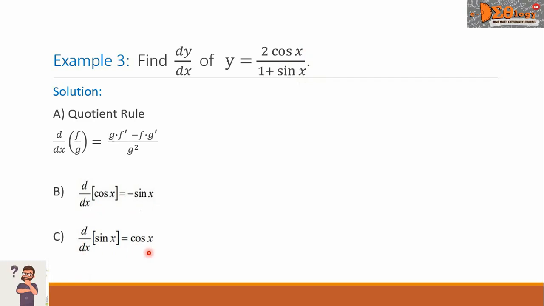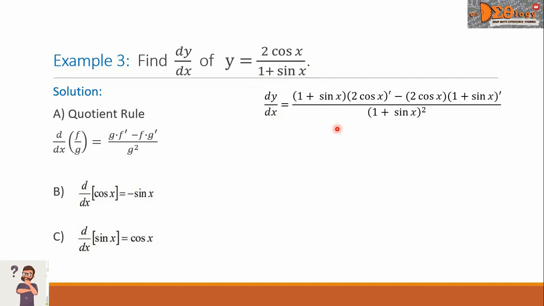We are now ready to write the solution for the derivative. So we have dy over dx equals, we will apply the quotient rule, first by squaring the denominator. 1 plus sine x is now squared here. And then, in the numerator, we're going to write 1 plus sine x, that is the g function, times the quantity, which is the derivative of the numerator.